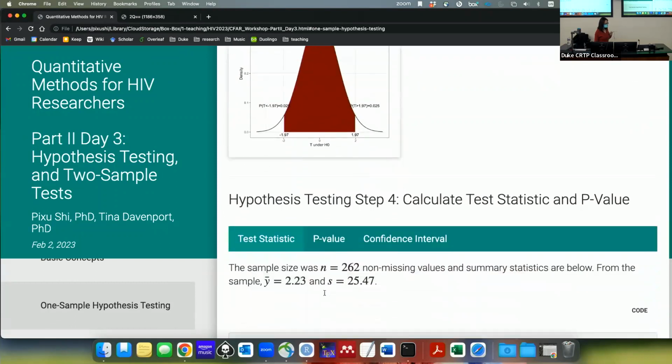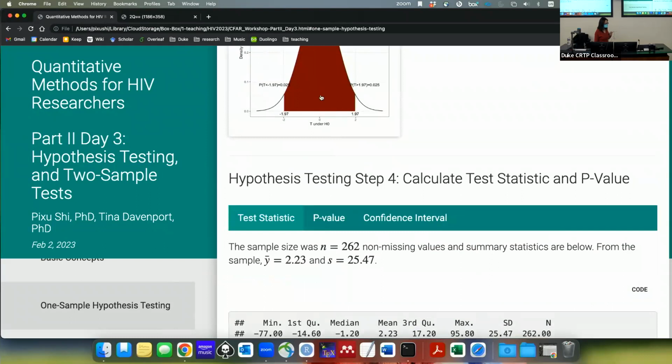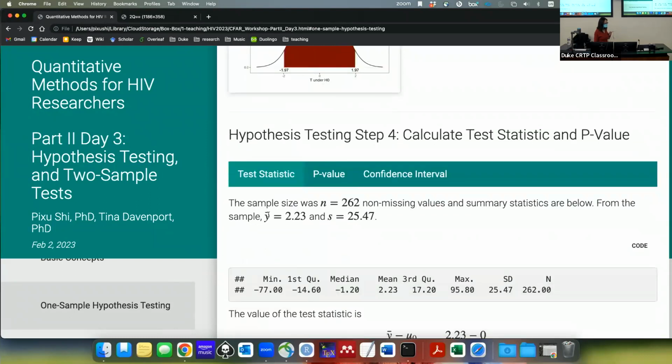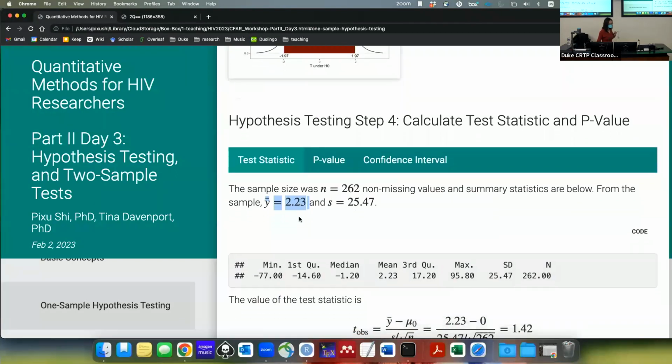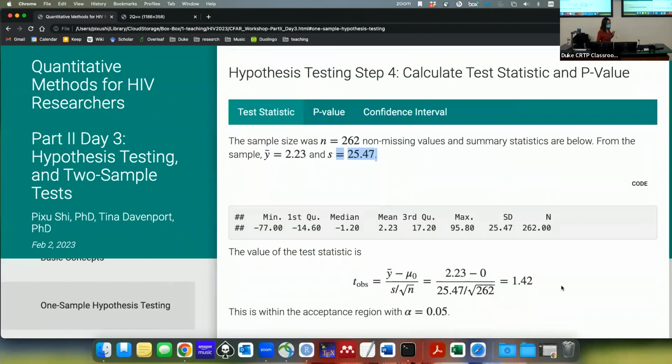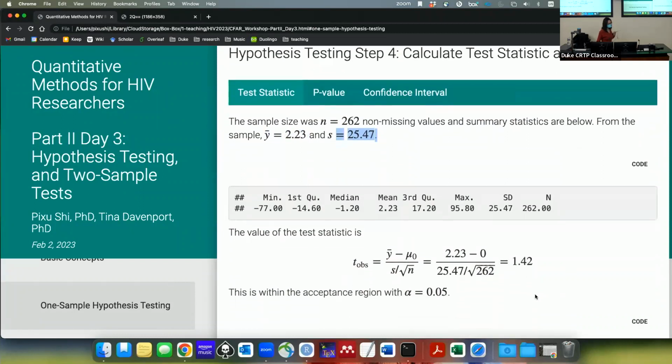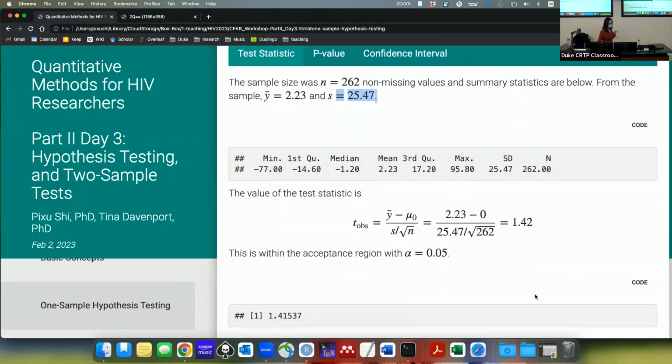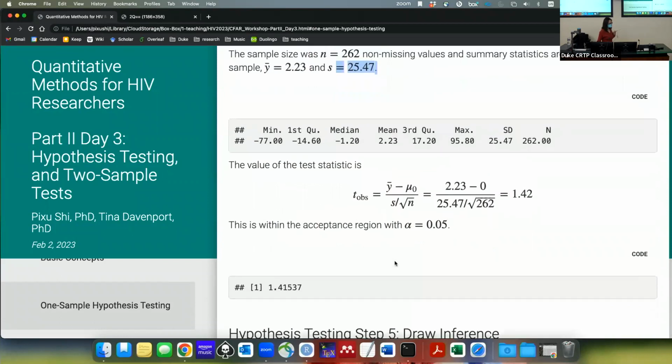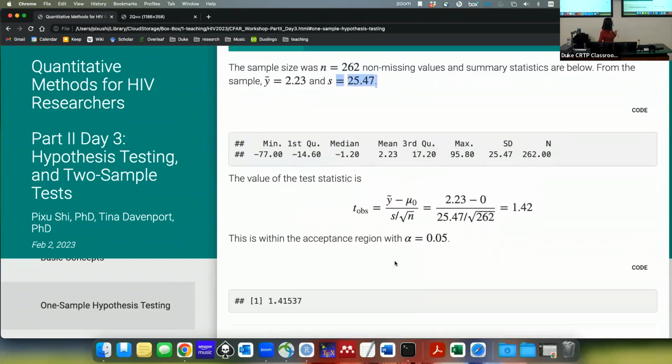Here we have the distribution, and we calculate the value. In this situation, the mean is 2.23, and we have the standard deviation. When we calculate the t-test, it is not very large. So in this situation, we don't reject the null hypothesis, but it doesn't mean the null hypothesis is true.